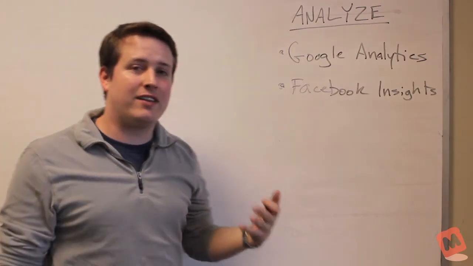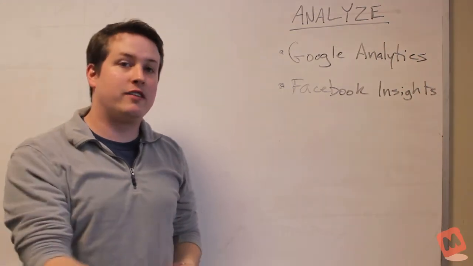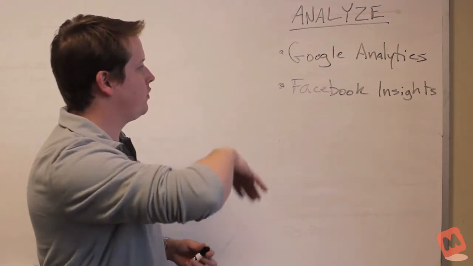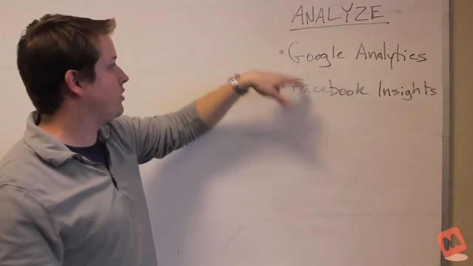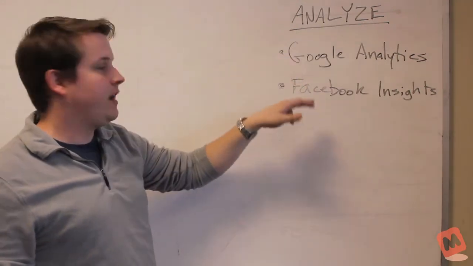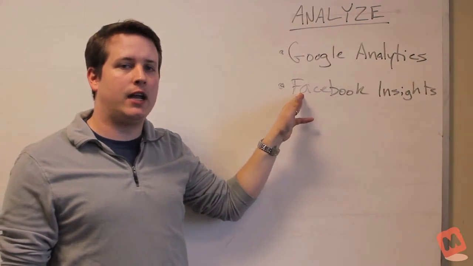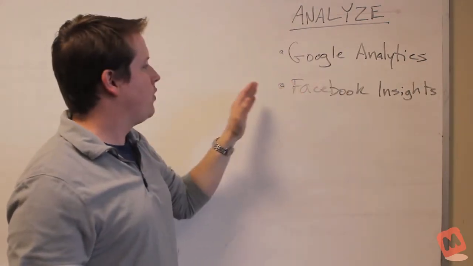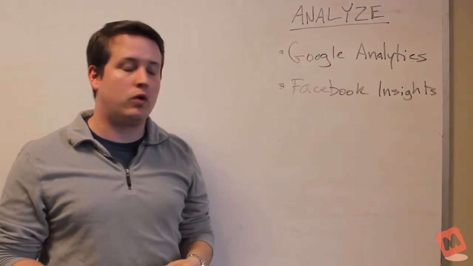You can use your Facebook Insights on your fan page to see things like the impressions of the posts that you've made for your campaign, and whether that is affecting the traffic to your website. Is that post driving revenue to your campaign? And you can start seeing what's going on on Facebook and how that's affecting the campaign as a whole.